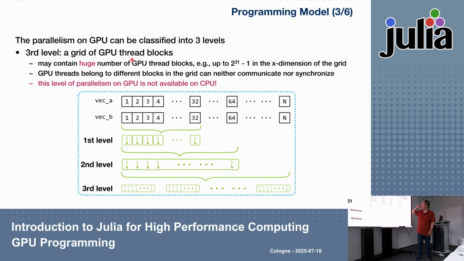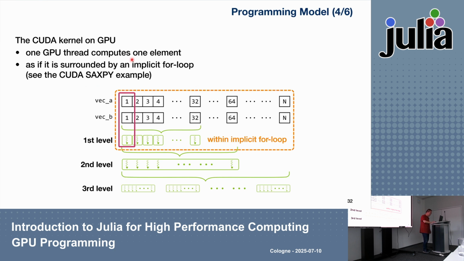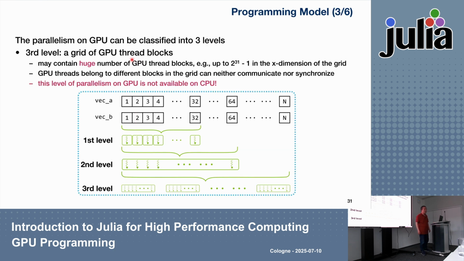This is a really huge number, so that you can achieve massive parallelization. This level of parallelism is not possible on a CPU because the mechanisms of CPU and GPU are completely different. This maps to the entire GPU. Let's say this 1 million blocks maps to the entire GPU.